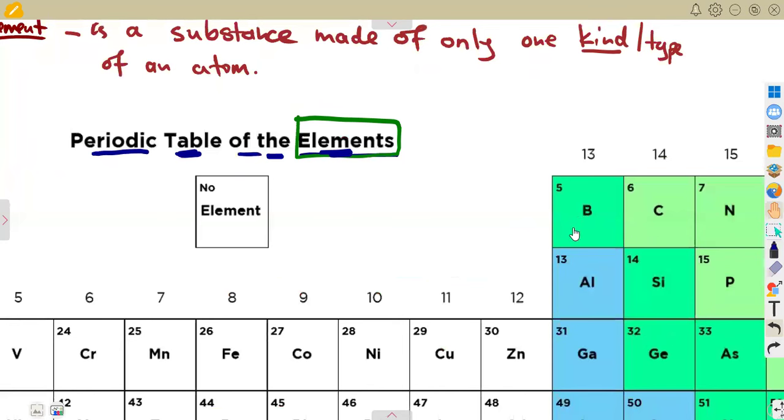Carbon is just only carbon atoms making the carbon element. Let's talk of gold. It's only gold atoms that are making up the gold element. Same type, same kind. You must be very careful: an element is the same type.